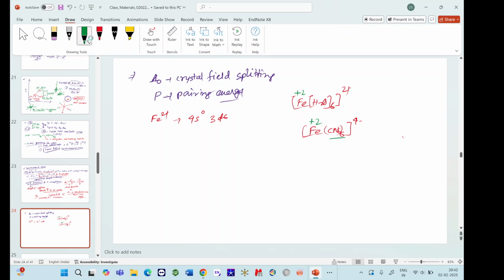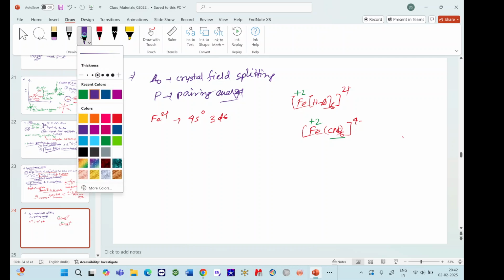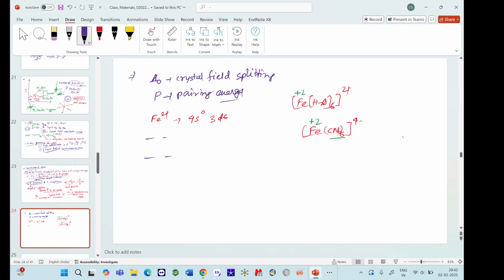Now, if you see the filling pattern, Eg, T2g, Eg, T2g. So d6, okay, 6 electrons are there. You can first go by Hund's rule, 4, 5, and then 6, or you can go by like this. Okay, this contains paramagnetic unpaired electrons.